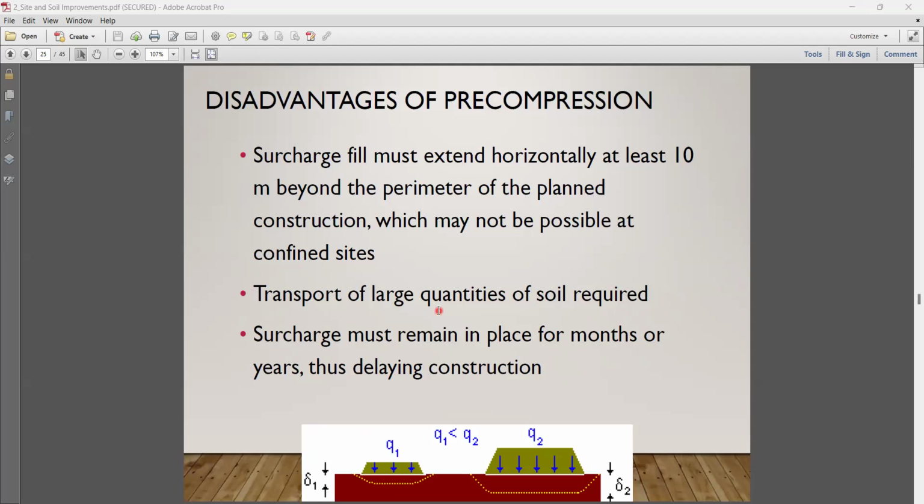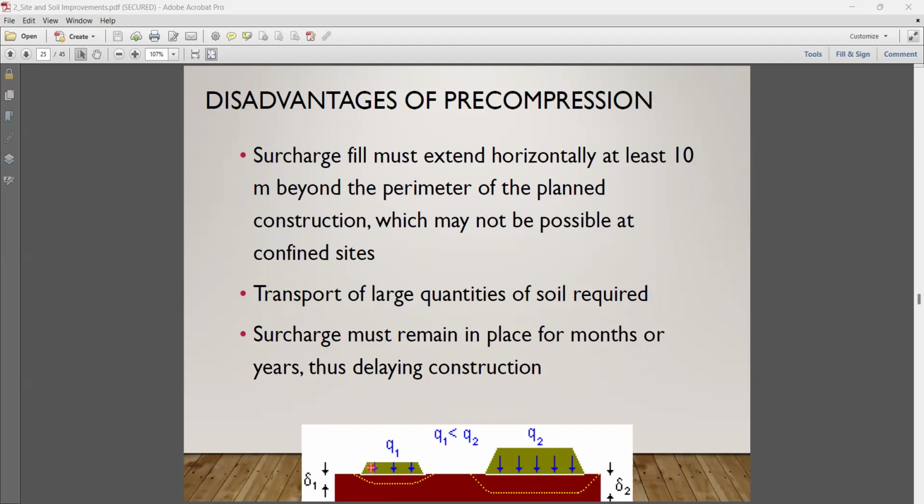Dry time is okay. Another disadvantage is that the surcharge, this added load, should remain there for months or years, so we have to delay the construction process.